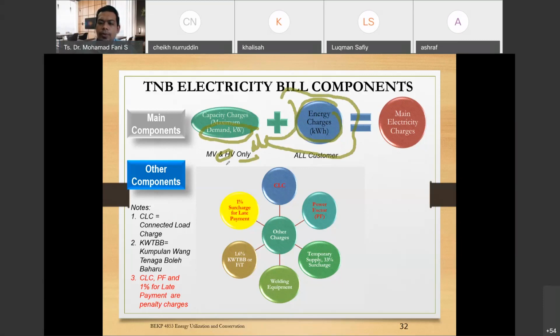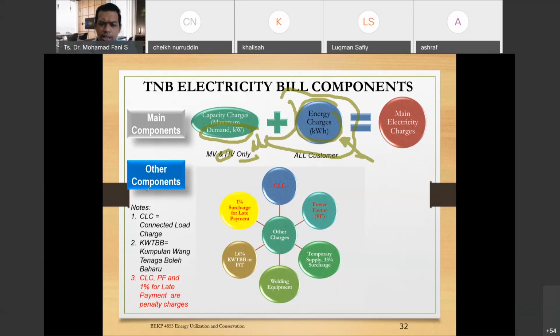Unlike the other customers, for example residential or low voltage, TNB only charges on the energy consumption in kilowatt hour. There is another component for the charge.